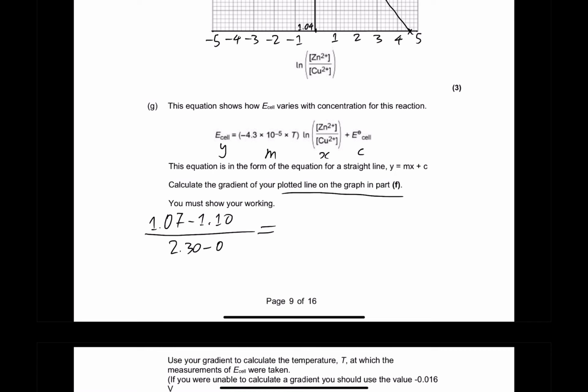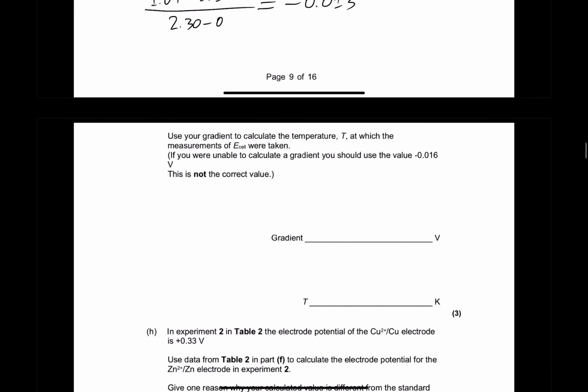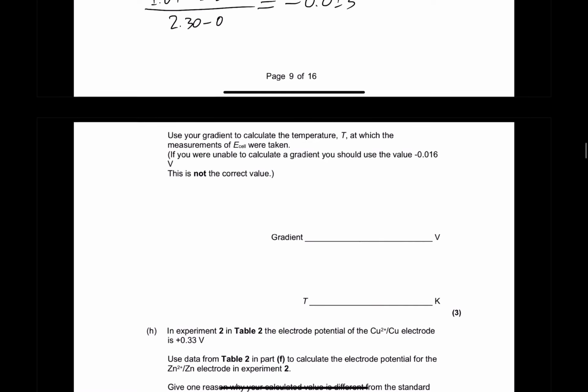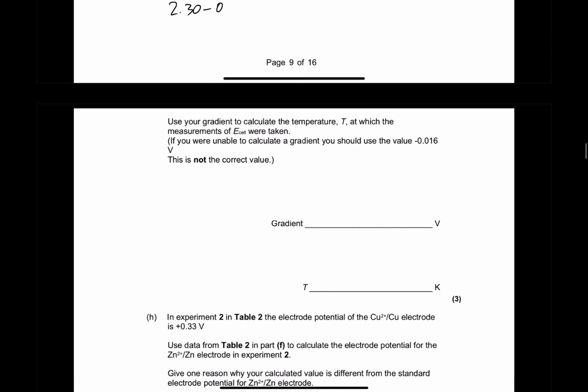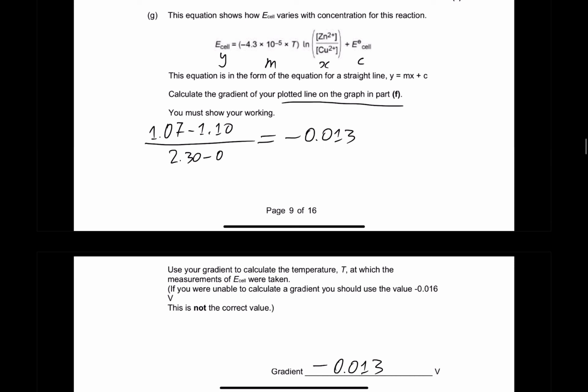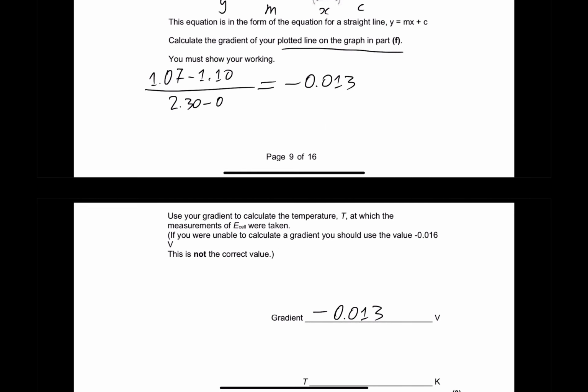And it is equal to 0.13, minus 0.013, minus 0.013. Use a gradient to calculate the temperature T at which the measure. Wait, sorry, it may look like this is a two-part question. Really, it's just there's a massive gap here for some reason. Anyway, minus 0.013. That's from the previous question there, and then use a gradient to calculate temperature T at which the measurement.